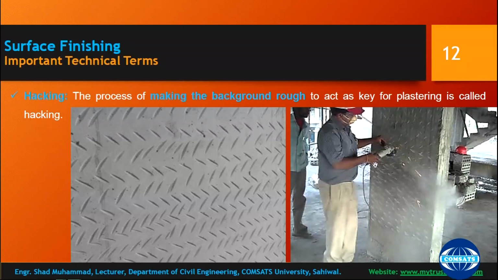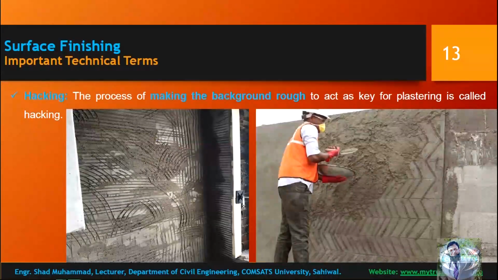In this technique we make the surface rough with the help of chisels or some electronic devices, and these self-created holes will act as a key in between the plastering and the surface which needs to be finished. All right, here you can see this is important.